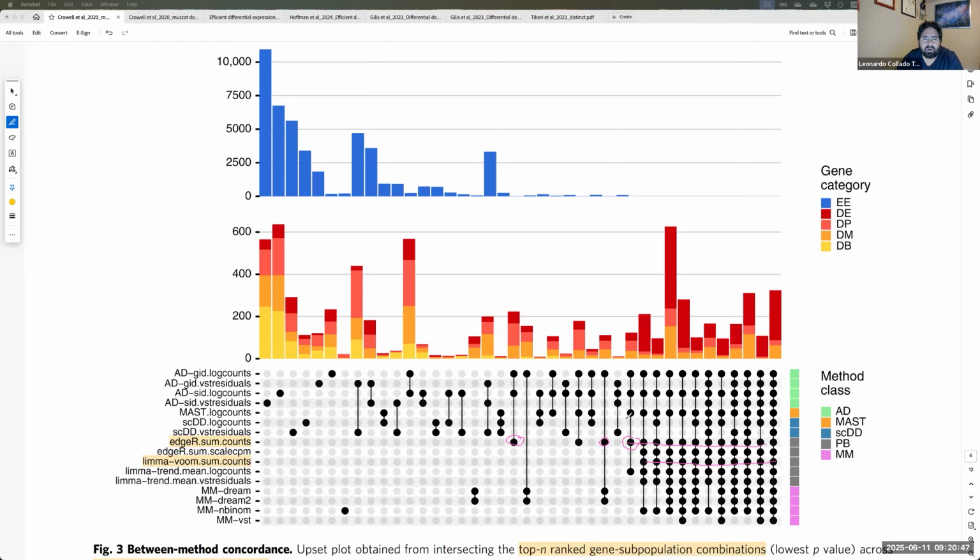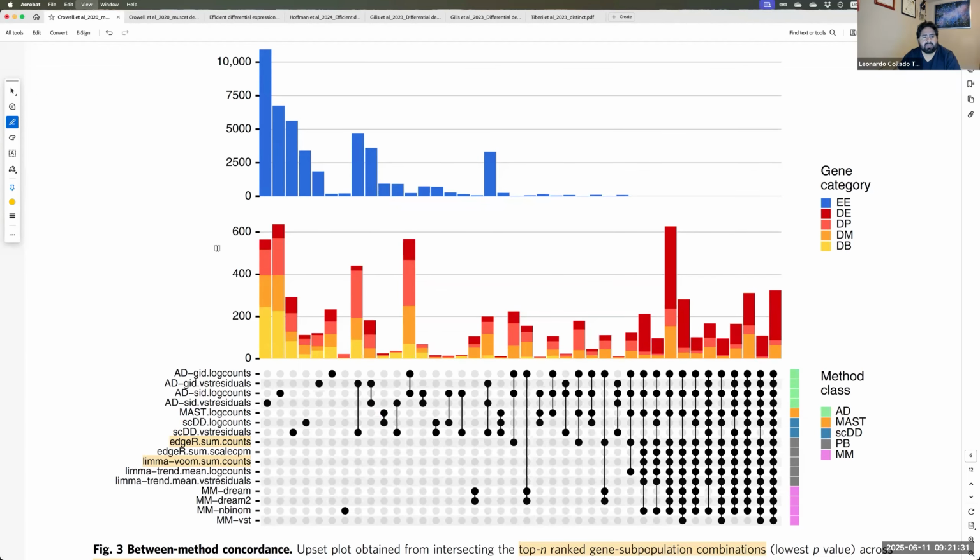Those three columns have no blue bars, and basically they're really detecting things that were either differentially expressed or some of the other scenarios that they simulate. So that's good. Whereas MAST over here, which is run at the single cell level, does find things over here where there's not the biggest blue bar, but if you look at the y-axis of that blue bar, that's around 1,000 or so genes. So some of these methods that are testing things at this level can have a lot of false positives.